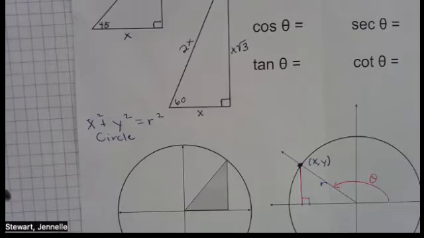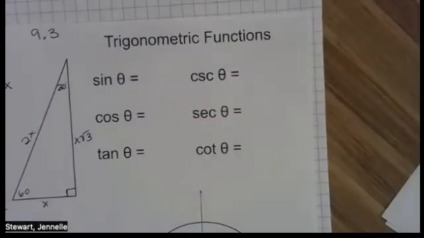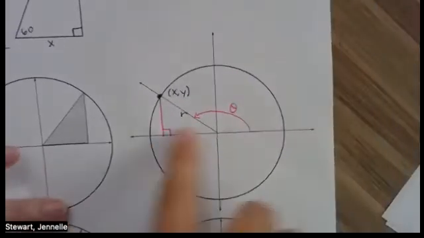Okay, so let's do the trig functions. Sine is what over what? Opposite over hypotenuse. So now let's look at this.